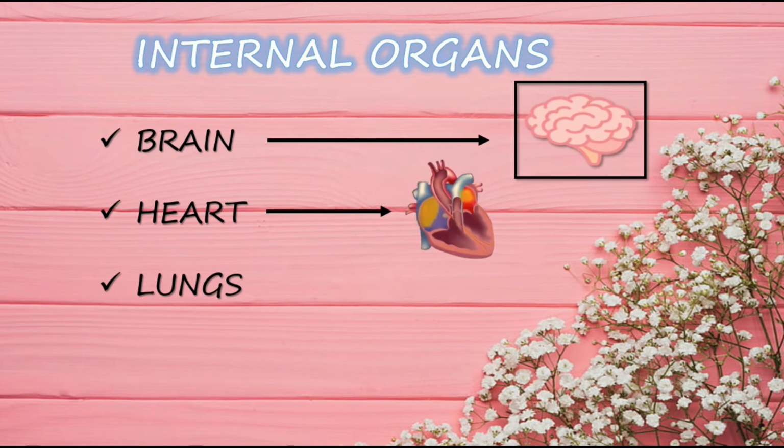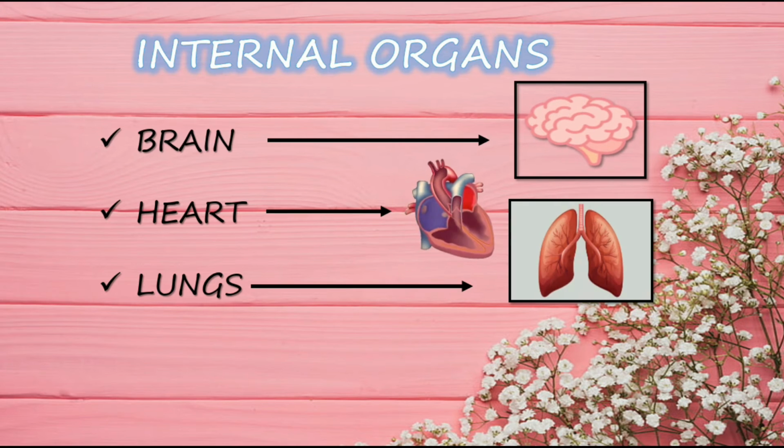Lungs. We have two lungs, the right side part and the left side part. They are used to breathe the air and allow the oxygen to enter the blood. Yes, these are the lungs. So they are used to do the respiration process.